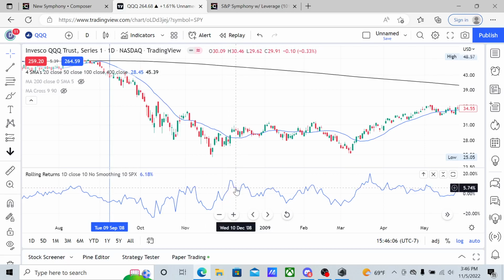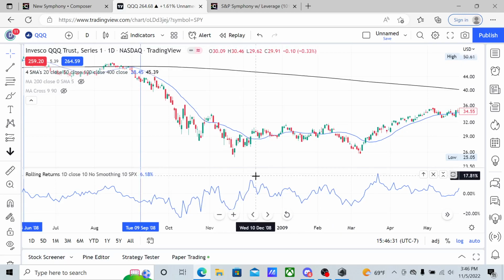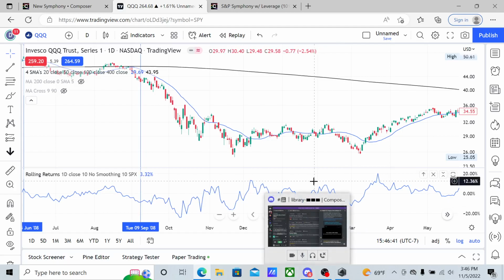It might help you avoid some of the choppiness. So I would suggest looking at something like that, because then you might be able to stay away from getting back in, getting back out, getting back in, getting back out, because this is all sideways movement right here. And this is what, the end of, okay, yeah, this is December 2008, January 2009. So yeah, something like that.